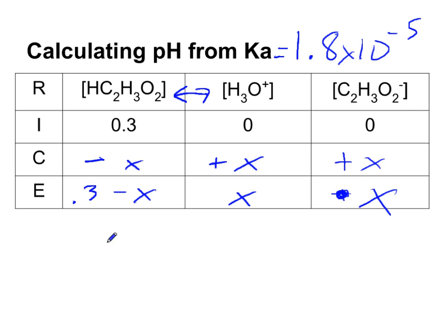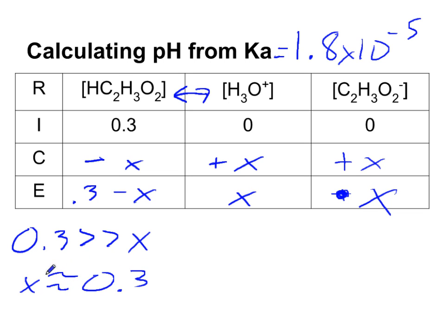So we can write, to show that we're using this weak acid assumption, that 0.3 is so much greater than x that 0.3 minus x is approximately equal to 0.3. That's what my wavy equal sign means.